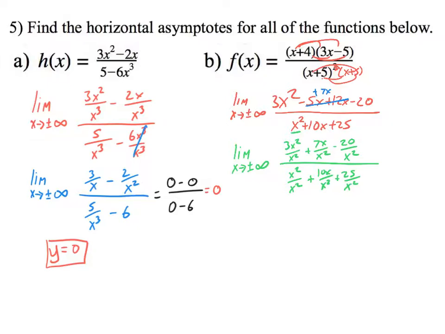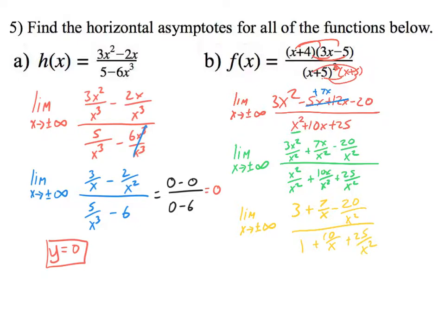Alright, so I now have the limit as x approaches positive or negative infinity of 3 plus 7 over x minus 20 over x squared, over 1 plus 10 over x plus 25 over x squared.